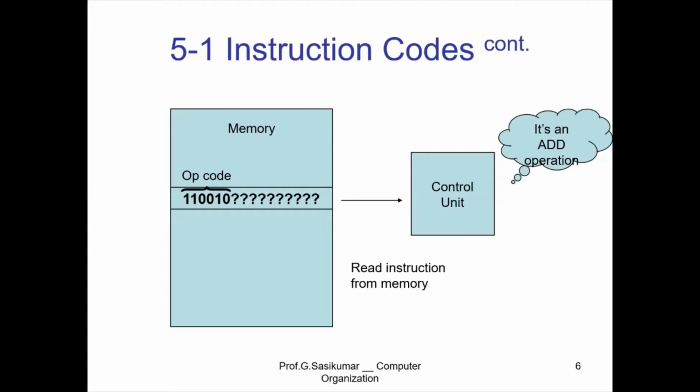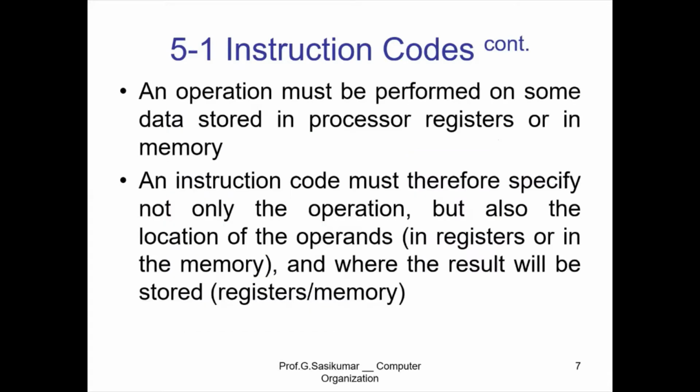Whenever you read or write information into the memory, you need instruction code. All the operations are executed with the help of operands, which are in the memory or maybe stored in a register.